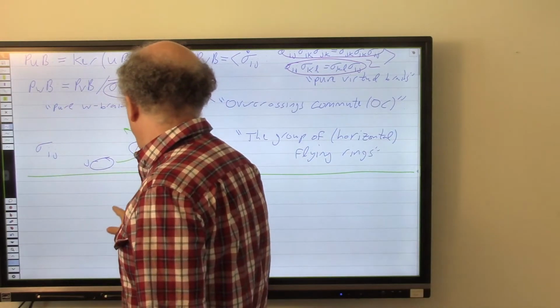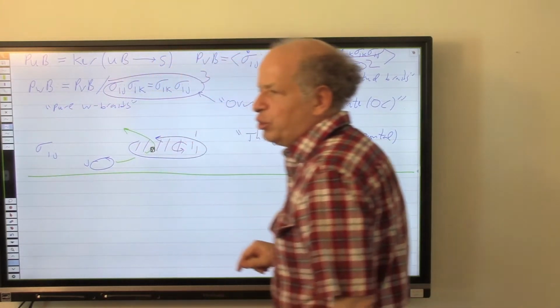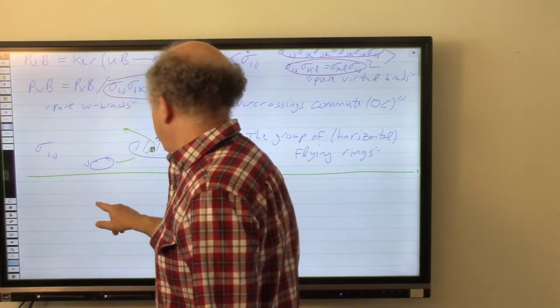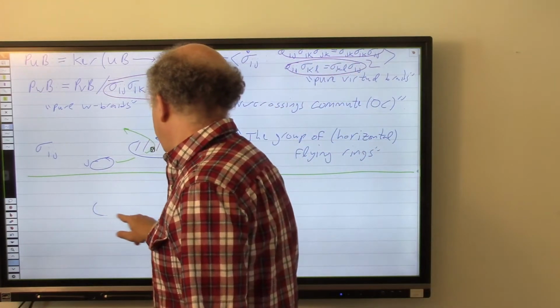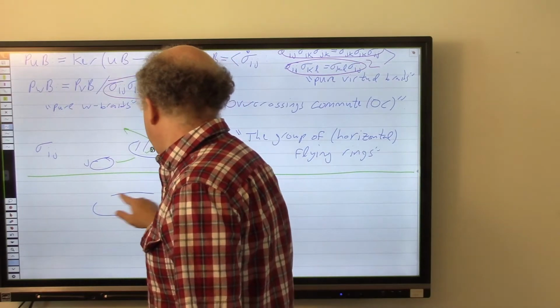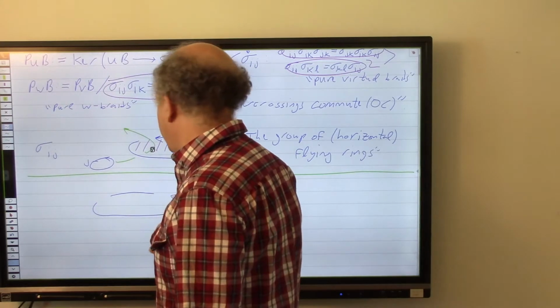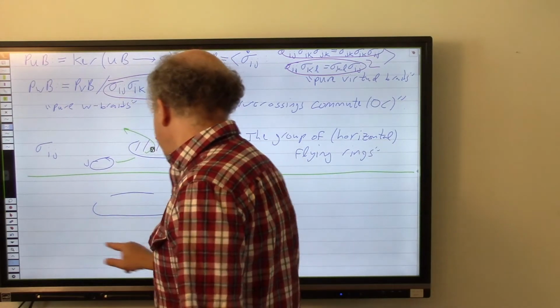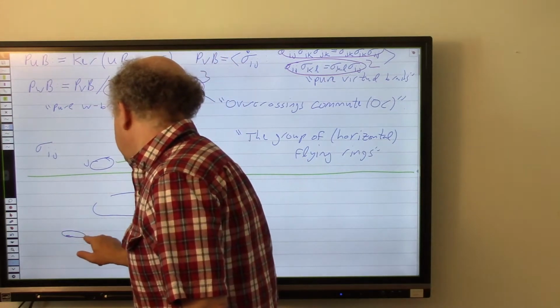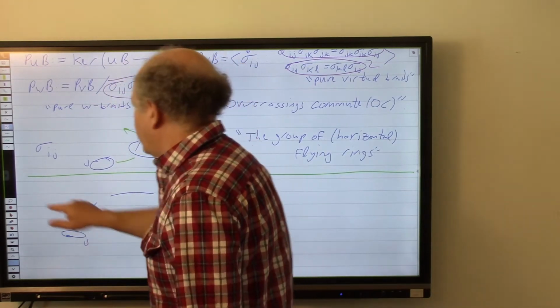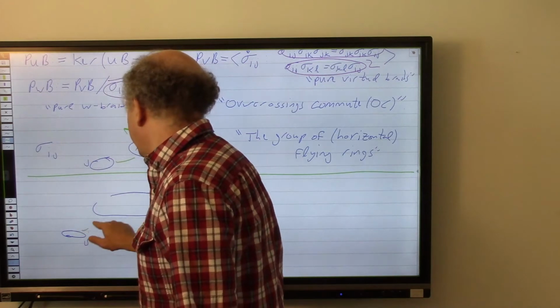First of all, actually, overcrossings commute is a bit easier. So suppose you have a ring I, and there are 2 rings J and K that want to fly through it.